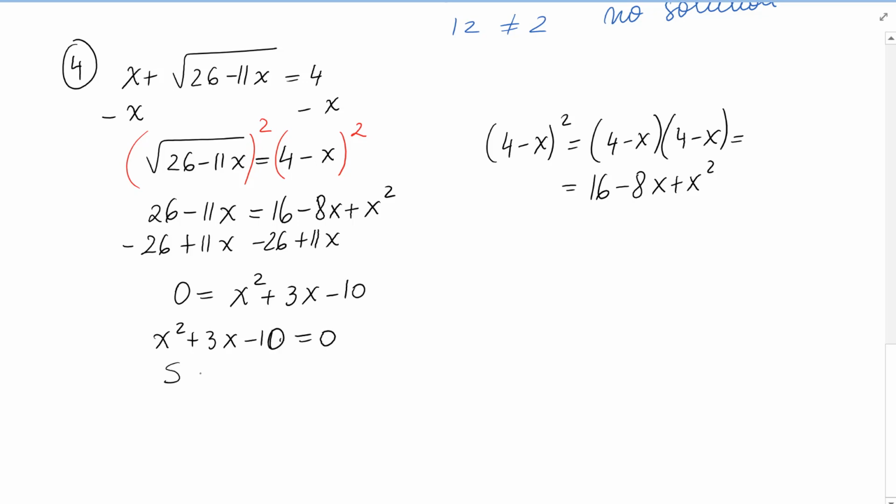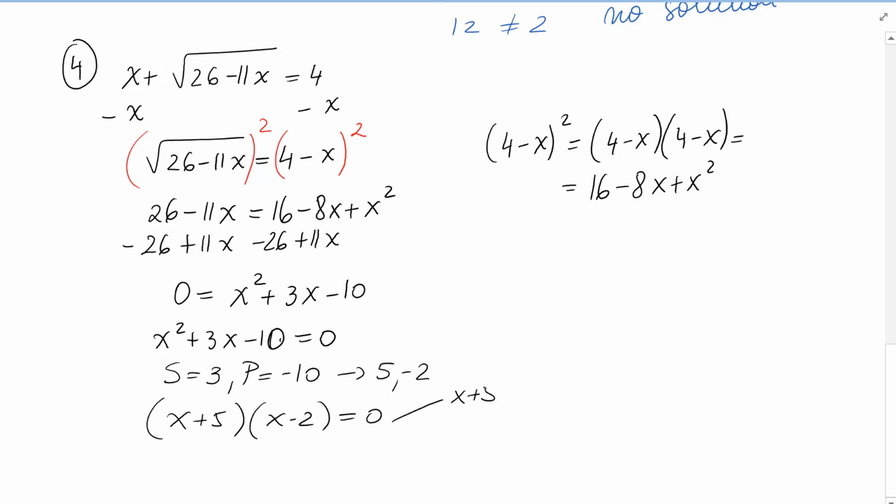So two numbers that have the sum 3 and the product negative 10, well, 5, negative 2. So we get x plus 5 times x minus 2 equals 0. So x plus 5 equals 0, or x minus 2 equals 0. Here we get x equals negative 5 or x equals 2.